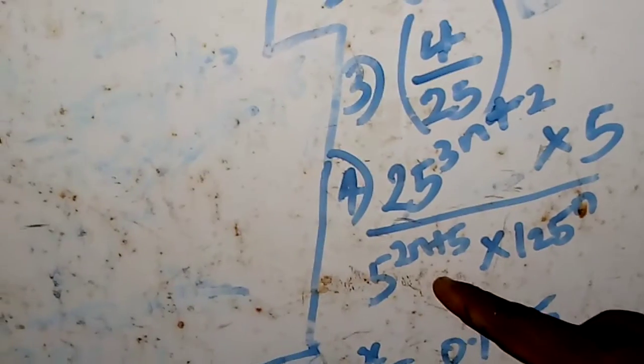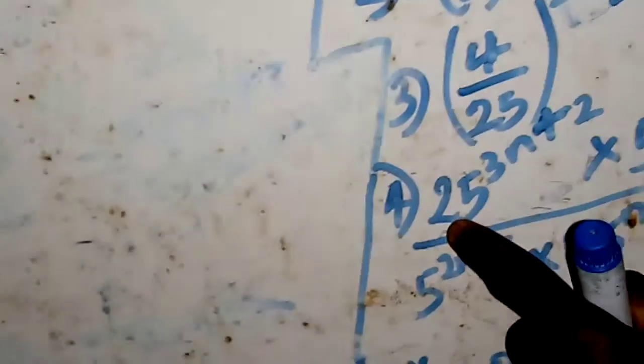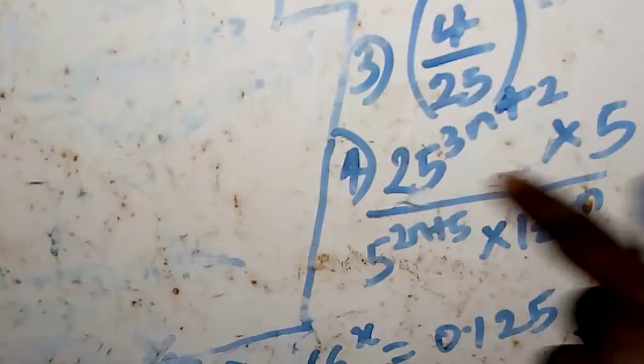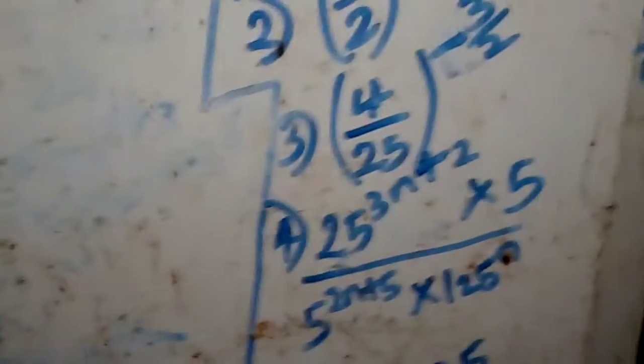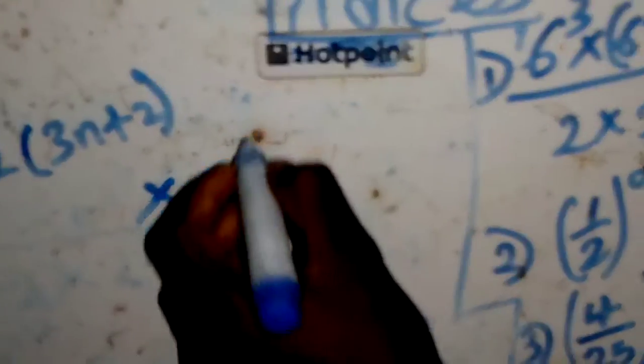Looking at this fourth question, I want you to take note of this. The base here is 25, the base here is 5, so we need to put it in the same base. We can raise it to 5 raised to power 2, that's 25. 5 squared is 25. So you put this into brackets, 3n plus 2, so times 5. You must know that there is 1, meaning that 5 raised to power 1 is 5.